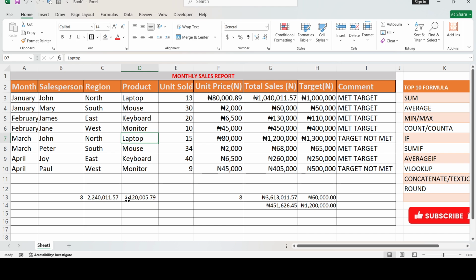Let's look at the next one, which is the VLOOKUP. We are going to tell it to look up a product price. I should look up for what? The product price.